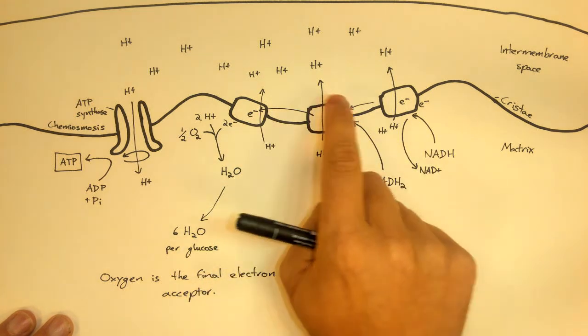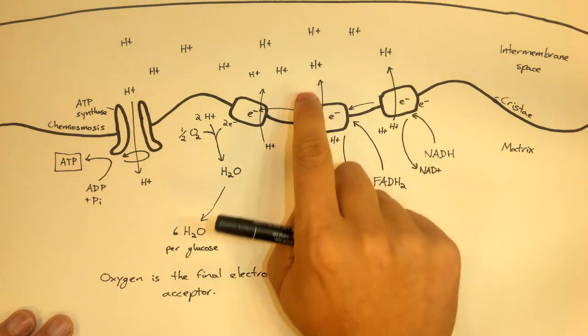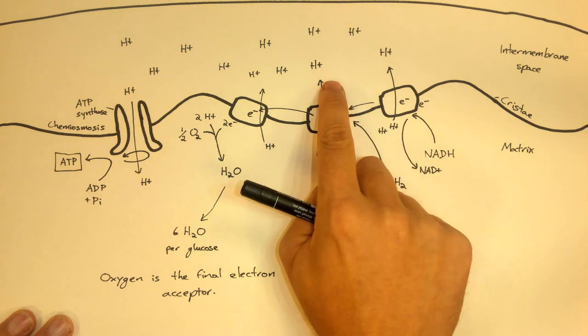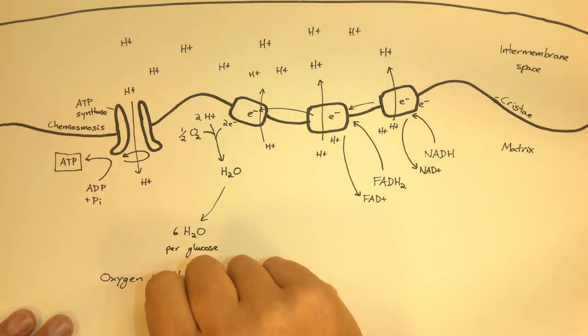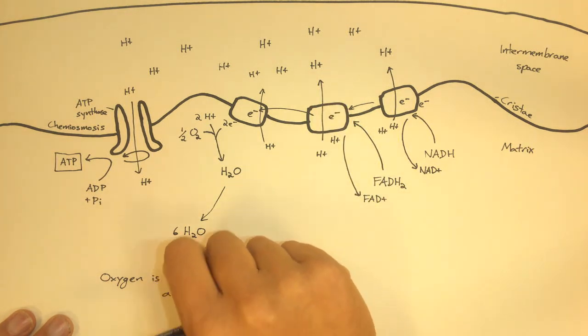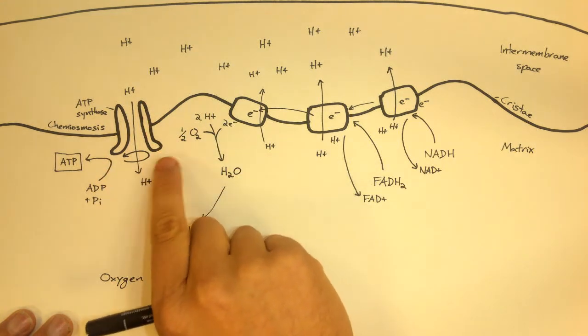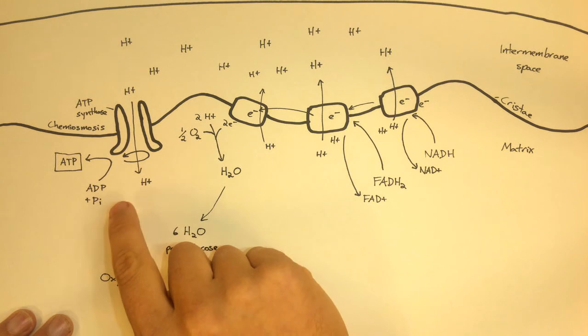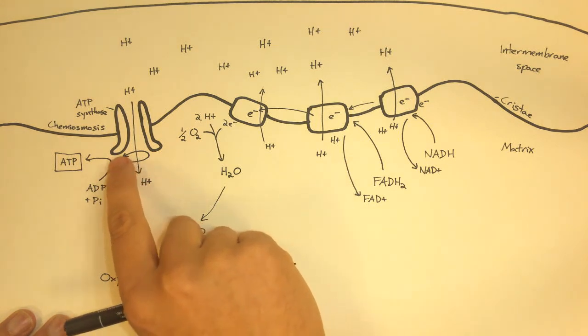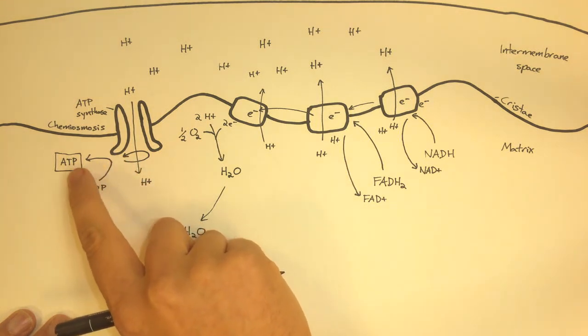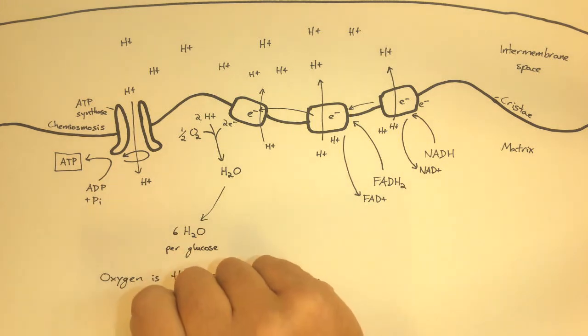That means there will be no concentration gradient of H+ ions, as none will be actively transported into the intermembrane space. As a result, chemiosmosis will stop, ATP synthase will no longer spin, and oxidative phosphorylation, the production of all that ATP, will cease.